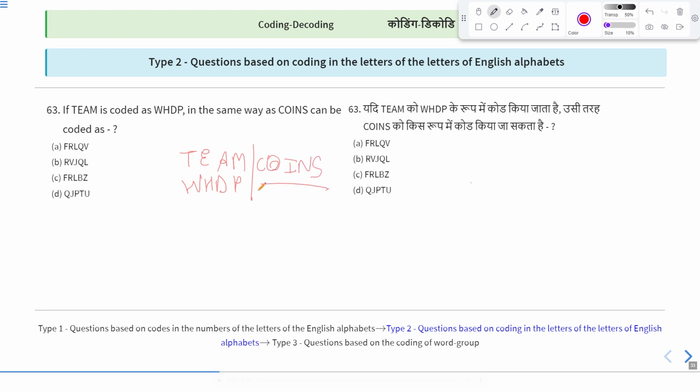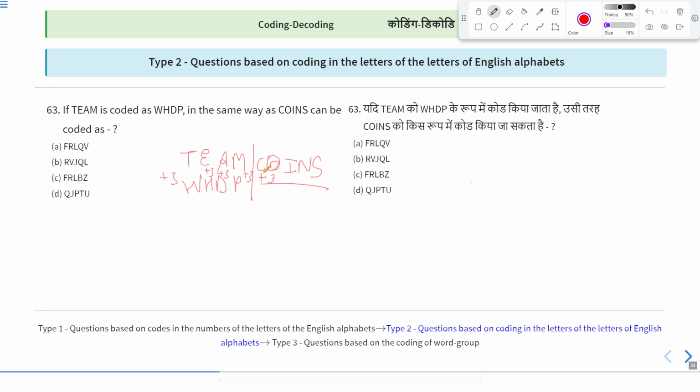COINS will be coded as T plus 3, E plus 3, A plus 3, M plus 3, WHDP. Similarly, coins plus 3 we have to apply.